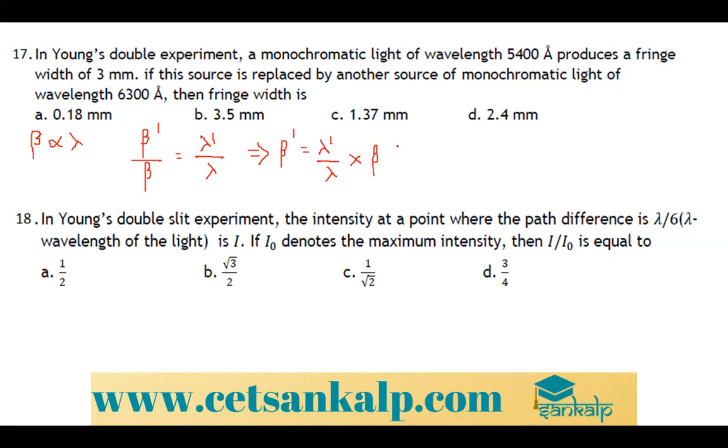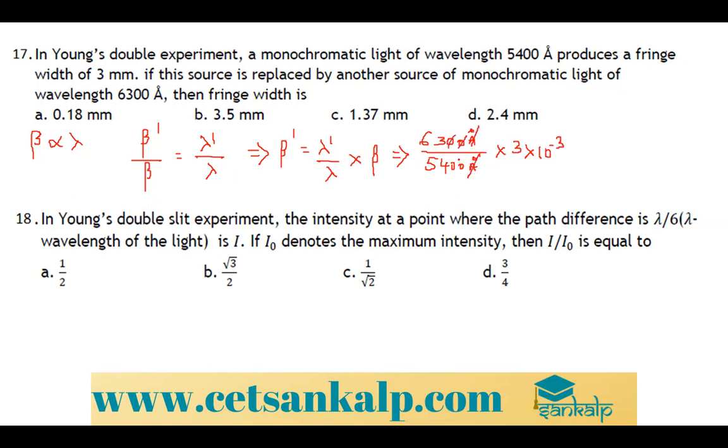So lambda dash is given. What is lambda dash they've given? It is 6,300 Armstrong divided by 5,400 Armstrong into 3 into 10 to the power minus 3.